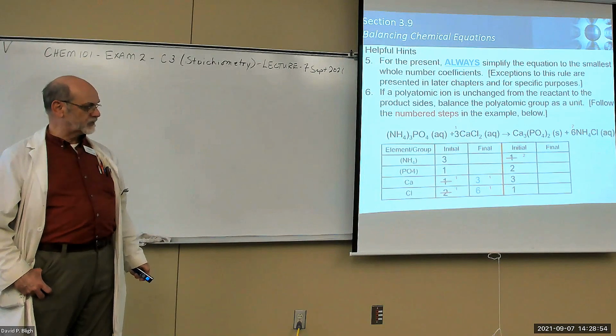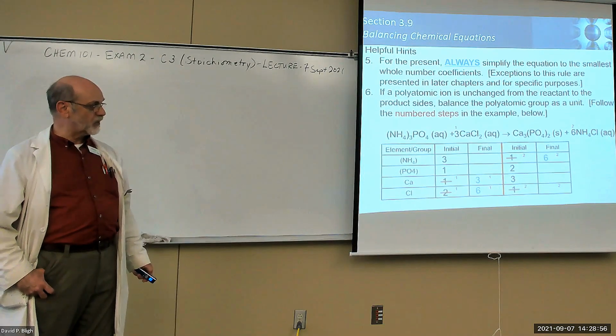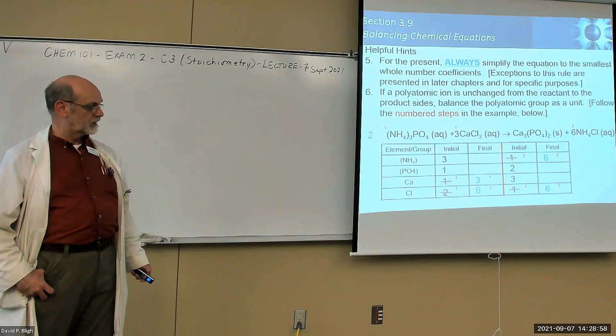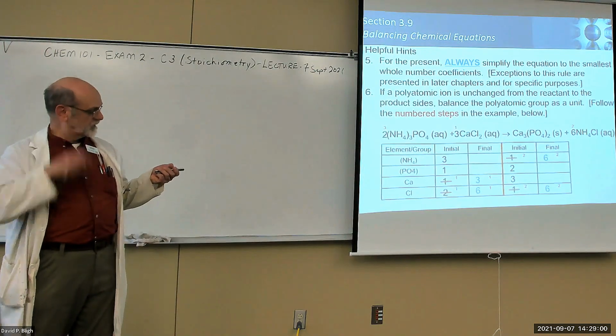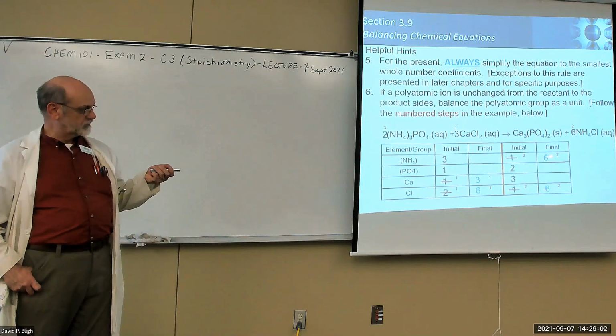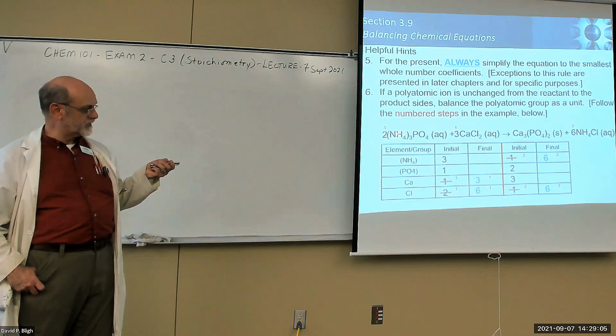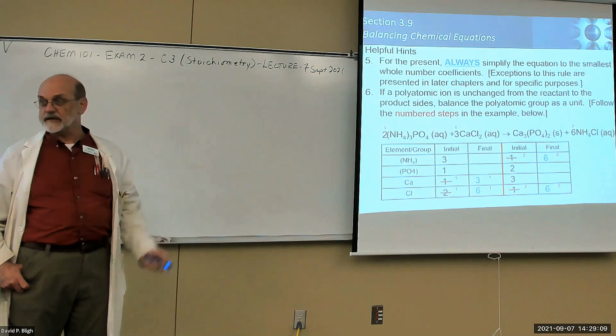So now what does that do? Well, that changes my ammonias also. And now I need to change the ammonias, right, to 6. So 2 times this, how does that 6? 3 here times 2 there is 6. 6 ammonias.